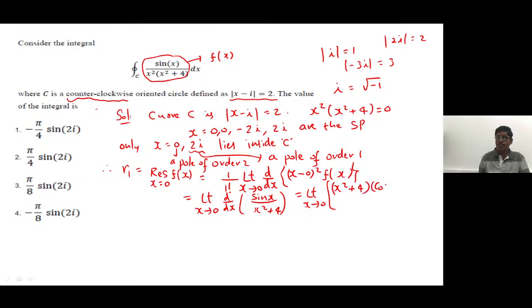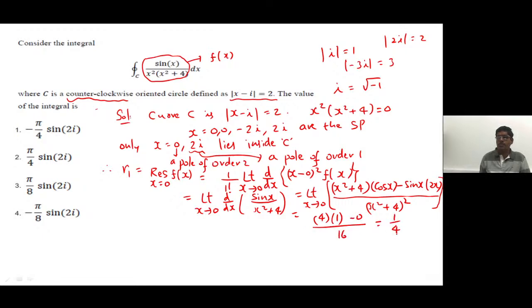Sin x derivative cos x, minus sin x into derivative of x square plus 4 with respect to x, whole divided by v square, x square plus 4 whole square. Main bracket closed. Now put x equal to 0. Here the first term is 4 times cos 0 which is 1, sin 0 is 0, and 0 into any number is 0. Now the denominator is 0 plus 4, 4 square is 16. So it is 1 by 4, the residue of the given integrand f of x at x equal to 0.